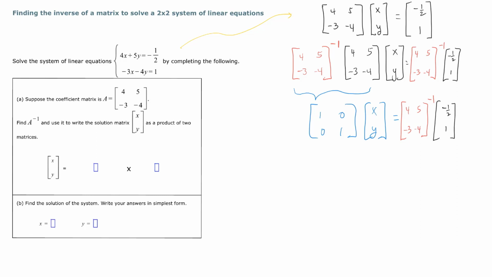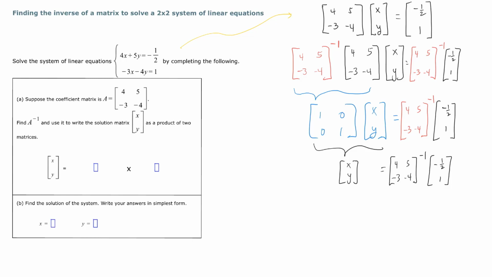So that's what's going on. Notice when you multiply this, that just gets you x comma y. So the key here is to actually find the inverse of that particular matrix.